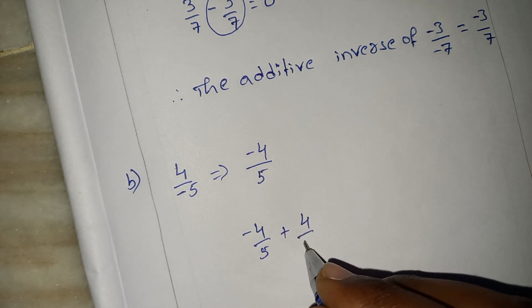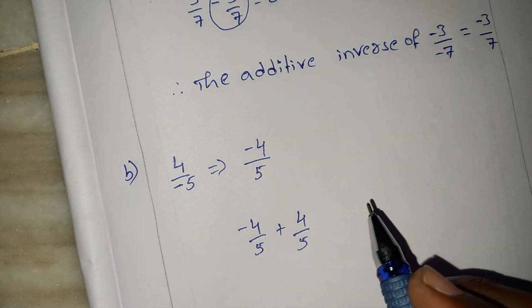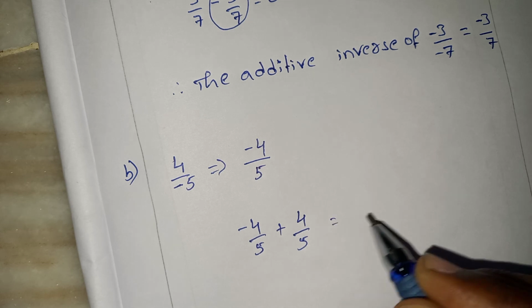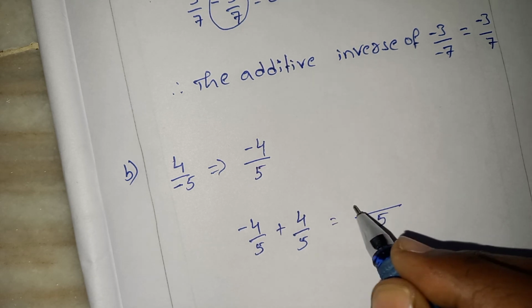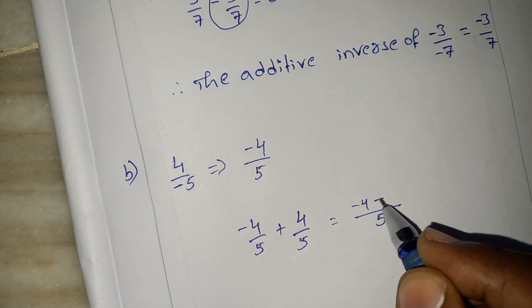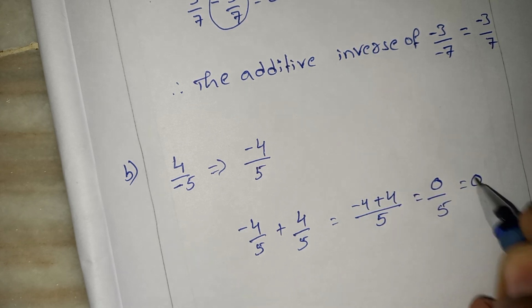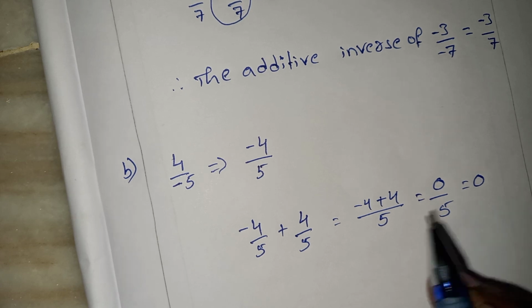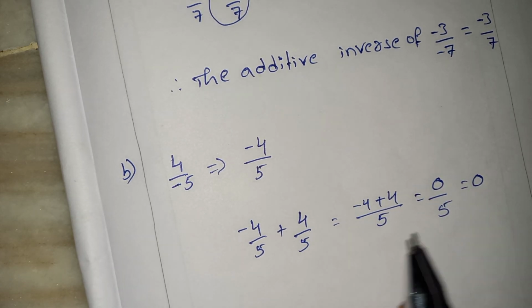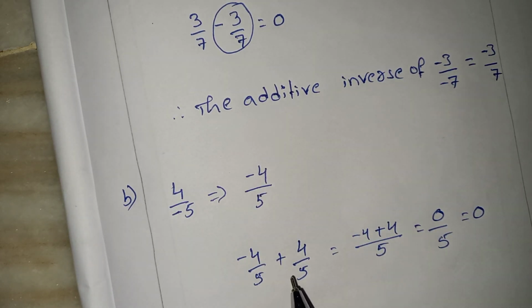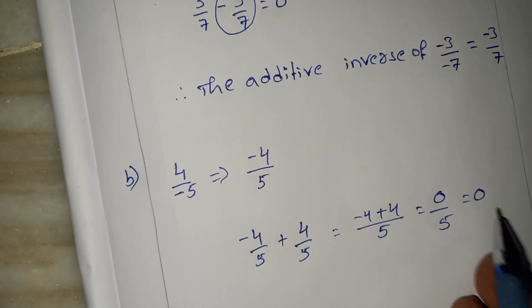Just plus 4 by 5. If you have any confusion, see, LCM is 5, minus 4 plus 4 is 0, 0 by 5 is 0 only. So, you don't need to do all this LCM. Minus 4 by 5 plus 4 by 5 is obviously 0 only.